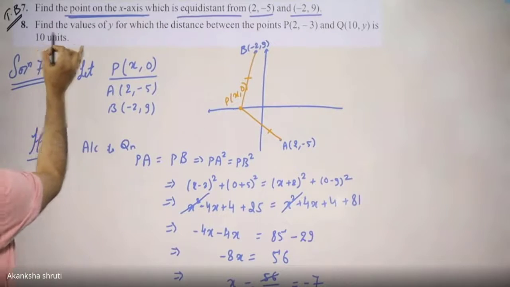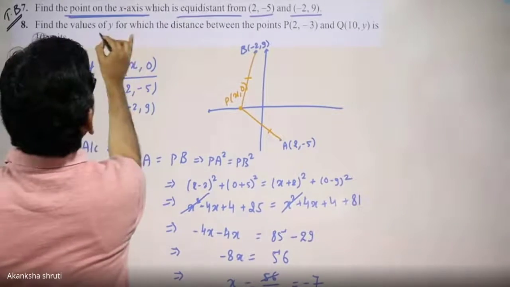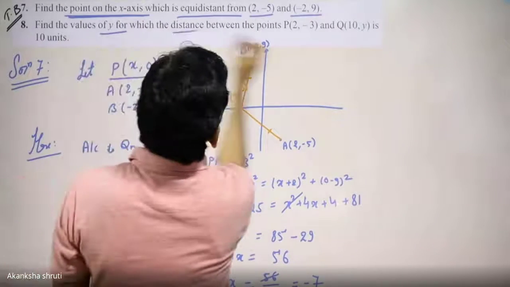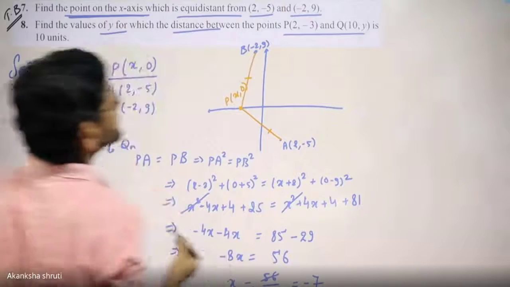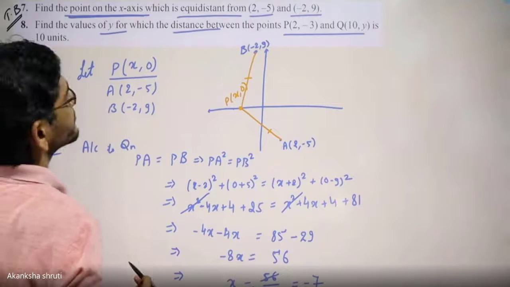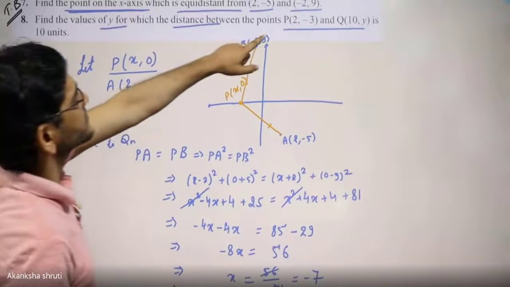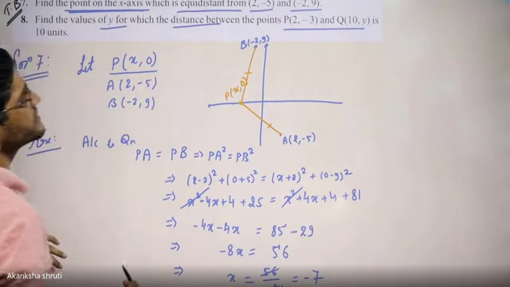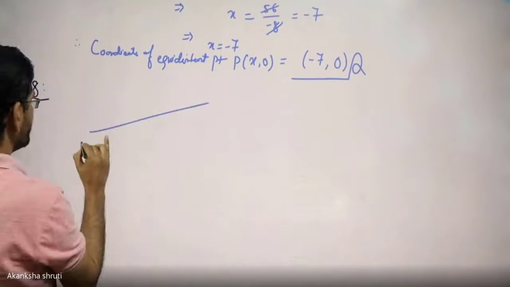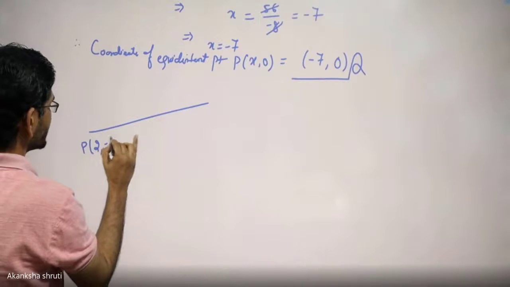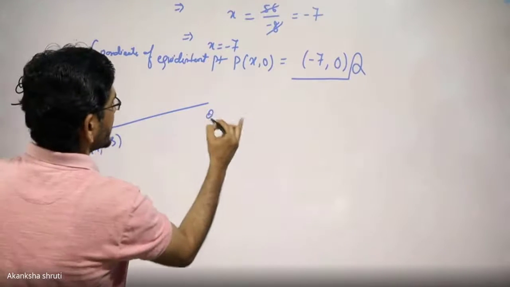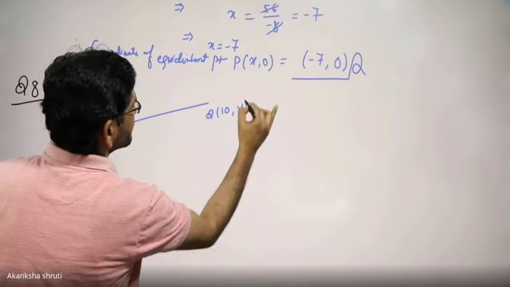Question number 8. Find the value of y for which the distance between P and Q is 10 units. Very simple. Our P is (2, minus 3) and Q is (10, y). We are given P (2, minus 3) and Q as (10, y).